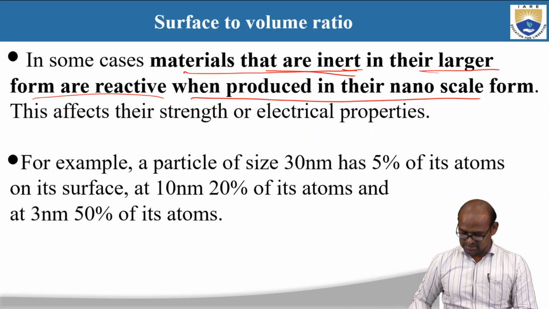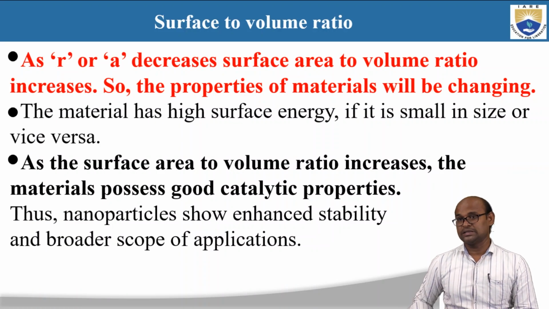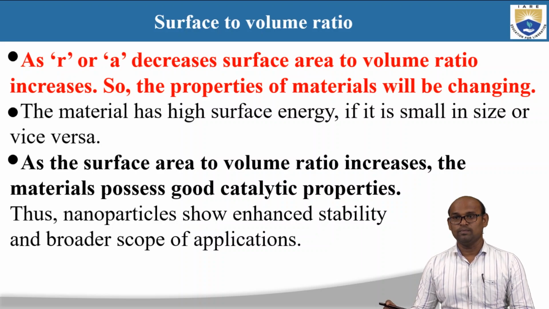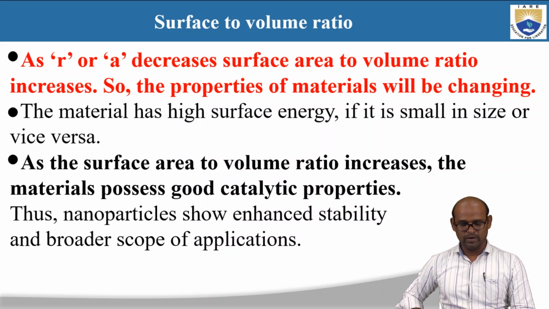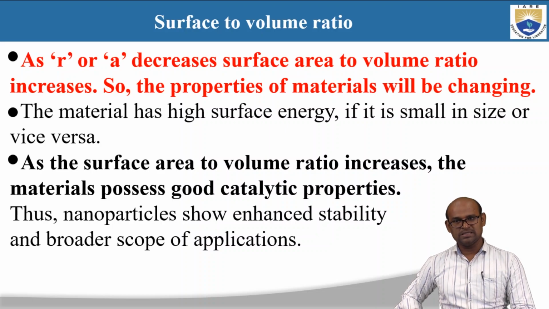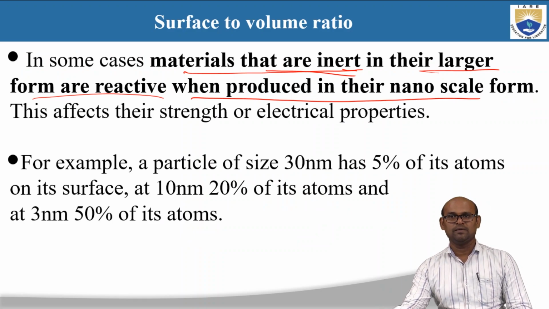So what we are saying is that some materials which are not catalytic in bulk form can become catalysts when we fine grain this material into nanomaterials, that is, nano-sized materials.